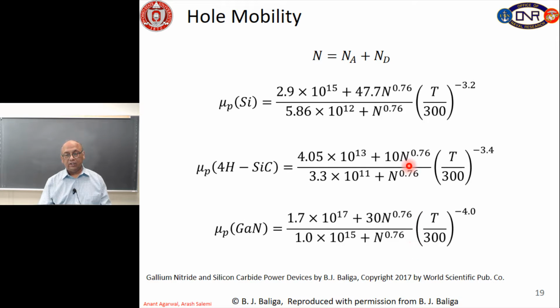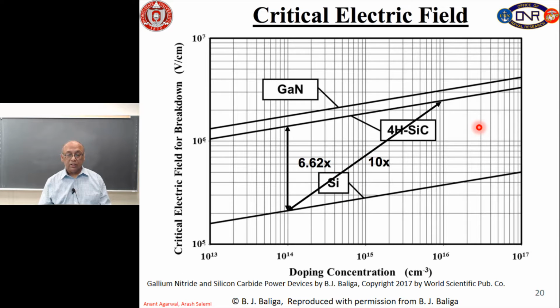And again, you can see we consider the total dopants, and since the lattice scattering dominates at higher temperature, we see temperature dependence, which is almost exponentially dependent on temperature to different powers, but almost similar to what we see in different semiconductors.